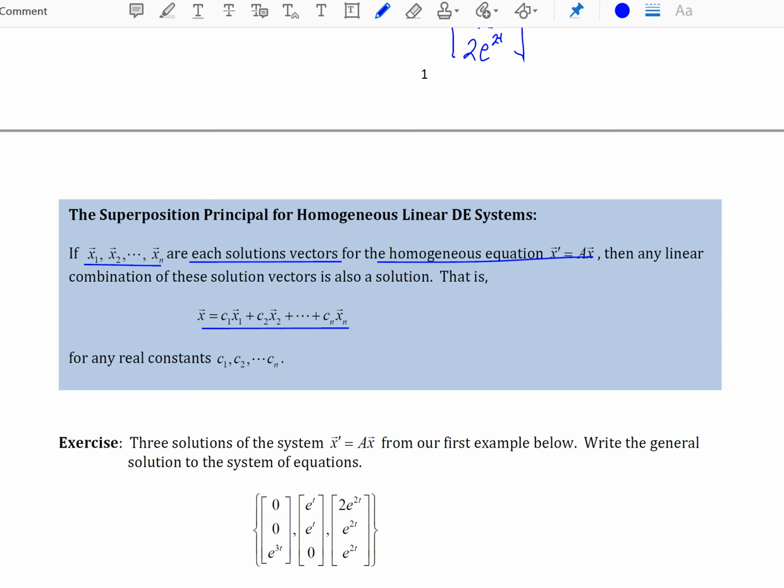So it's saying that if you can come up with a set of solutions, any linear combination of them is a solution. This is the same superposition principle we looked at previously.